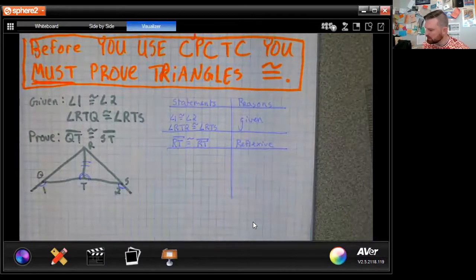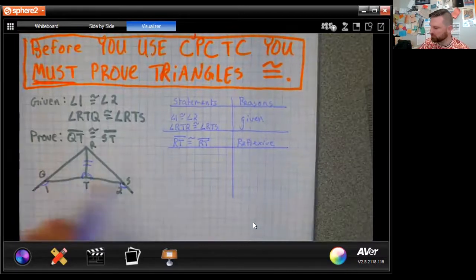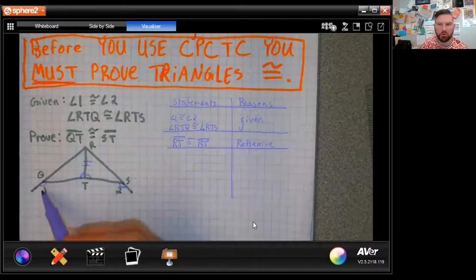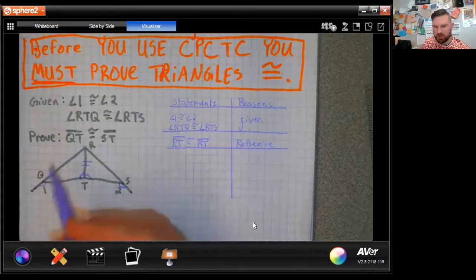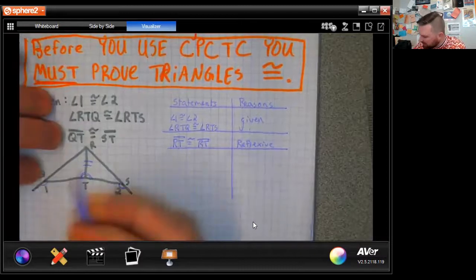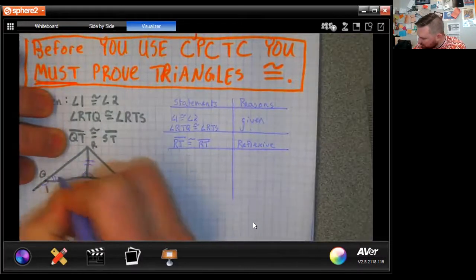Now here, we need to make use of angle 1 and 2. We could go through the trouble of saying that angle RQT and angle 1 are linear pairs, and then that they are supplementary. But if we notice, these angles right here are both supplementary to these angles. They're on the same line. So therefore, these angles have to be the same.